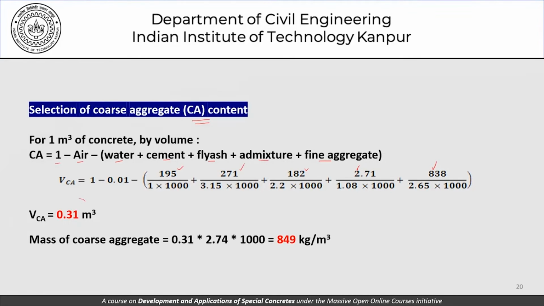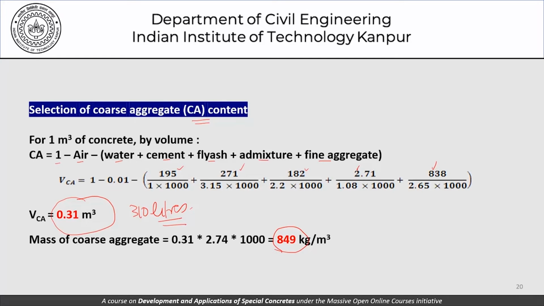We find that the volume of coarse aggregate is 0.31 cubic meters, that is 310 liters. Now this 310 liters translates to 849 kgs as far as the mass is concerned.